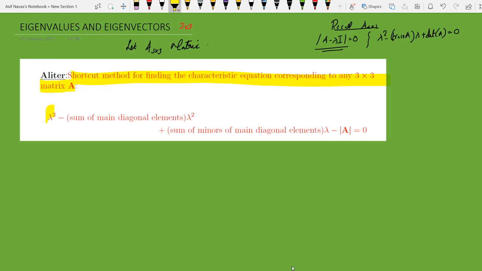That is lambda cube minus the sum of the diagonal elements, which is simply the trace of A, lambda square, plus the sum of minors of the main diagonal elements into lambda, minus determinant of A is equal to 0. So have you got it?